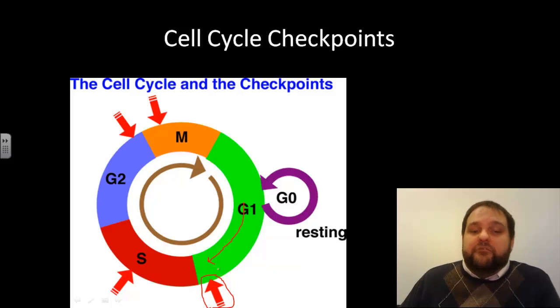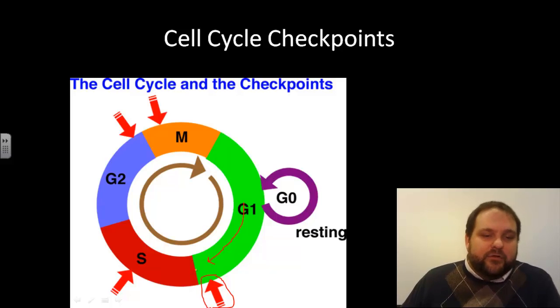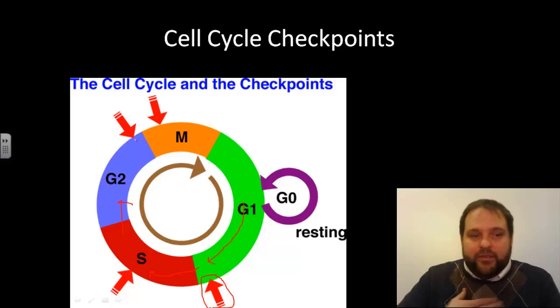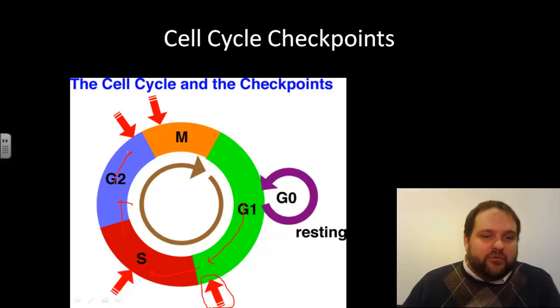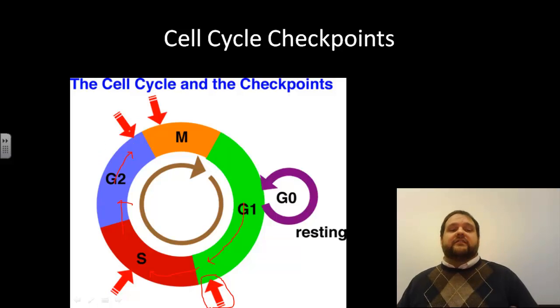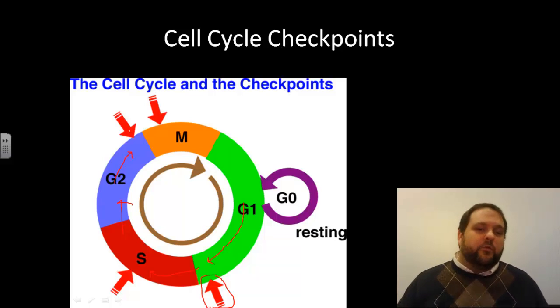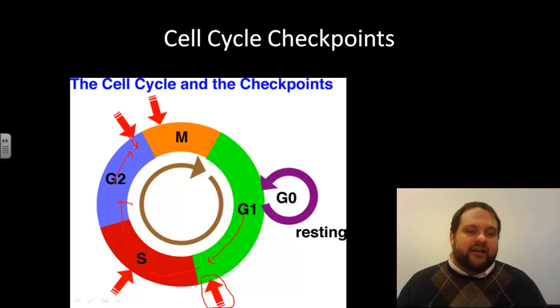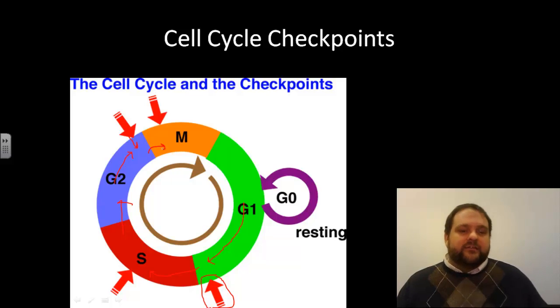Without that signal, it'll never move out of G1. It won't divide until a cell gets a signal. Then it moves into the S phase, and it'll stay in the S phase until it gets another signal, until something signals that it's done replicating, and then it'll move on into G2. And at the end of G2 there's another checkpoint, right here. It'll stay in G2 until it gets that one last signal that allows it to move into mitosis.